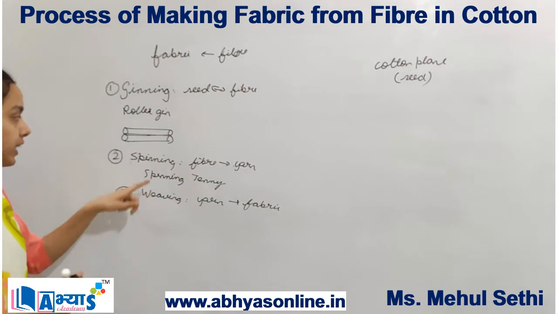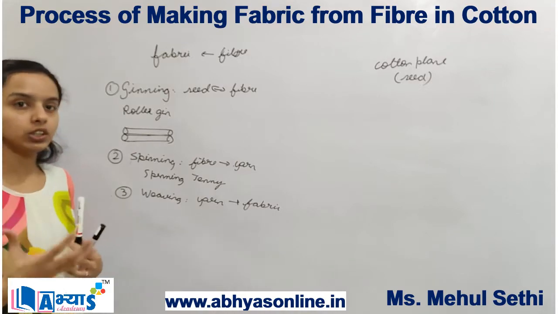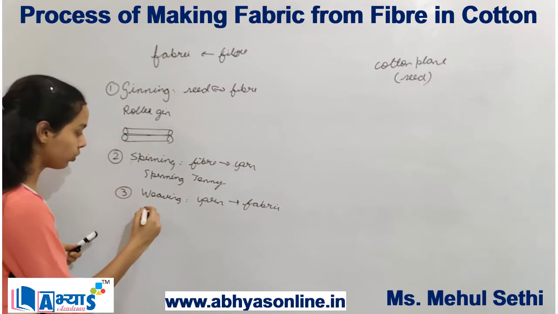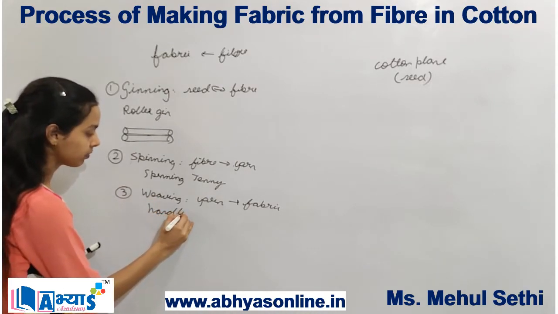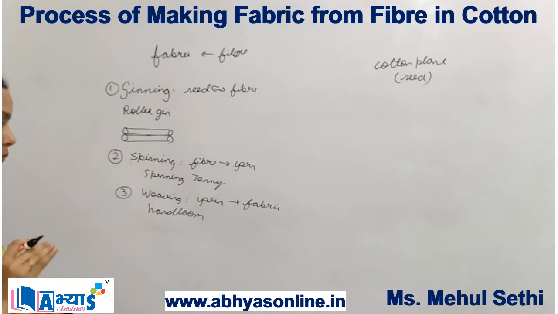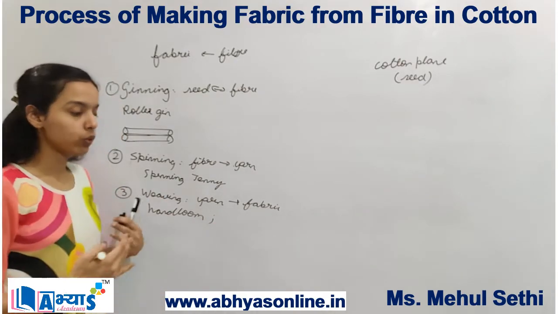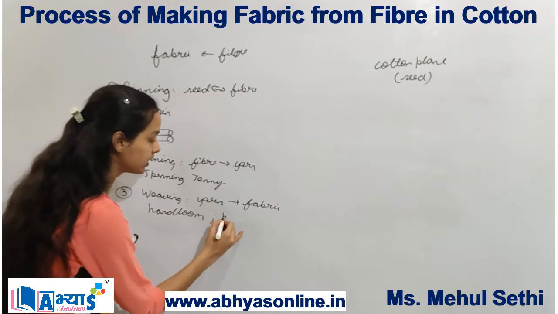Similarly to spinning, weaving can also be done by hand. Those machines used by small weavers are known as hand looms, because they are less expensive and can be easily used by small weavers. Those machines used on a very large scale that require electricity are known as power looms.